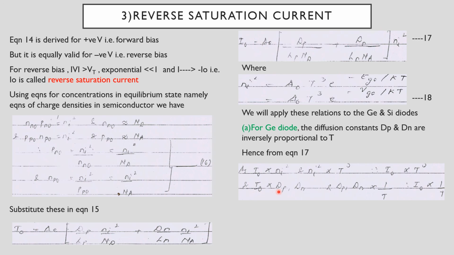And I0 is proportional to Dp and Dn also, and Dp and Dn are inversely proportional to T. So therefore, I0 is proportional to 1 by T. So I0 is proportional to T cube as well as proportional to 1 by T. So that comes as I0 is proportional to T square.